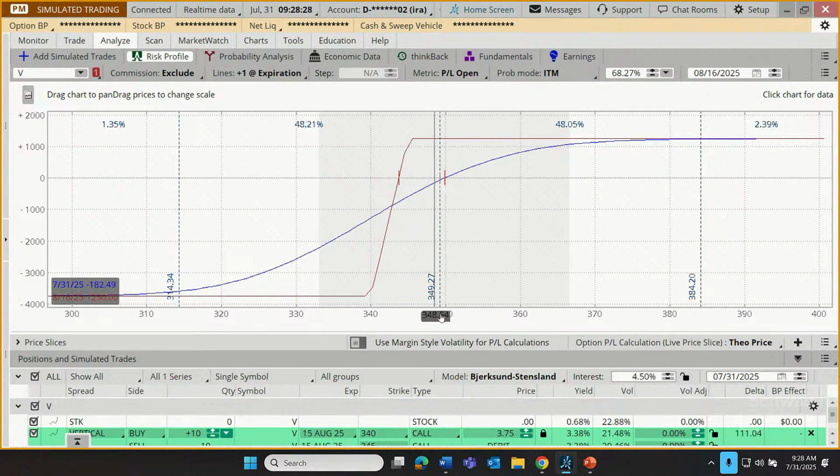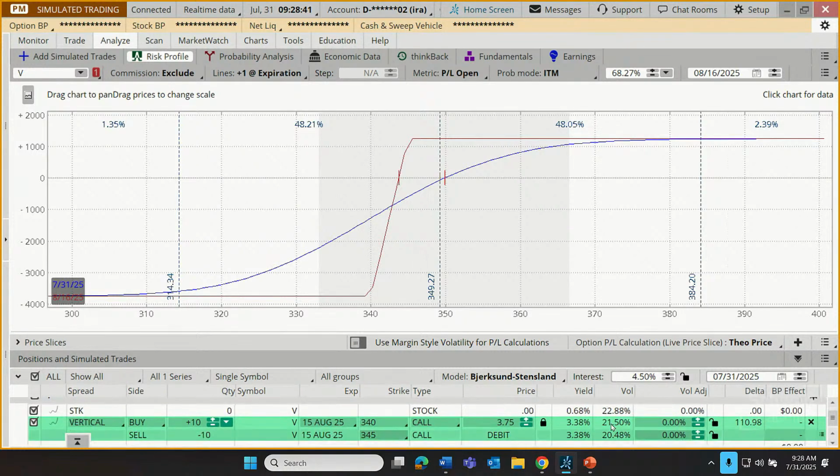We're at 349.27. And we can ask ourselves, how does this trade work? How would it likely work out at expiration if the stock were to go up or if it were to go down? Down below, we can see here is the trade, so this is analyzing this trade.